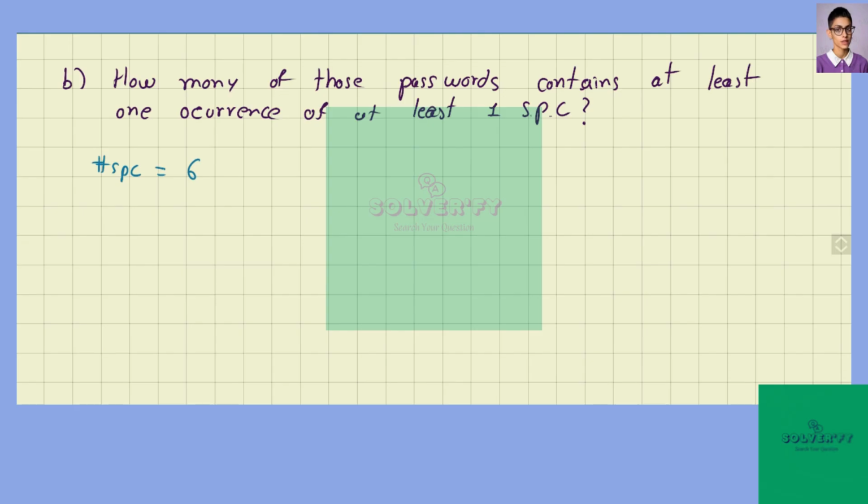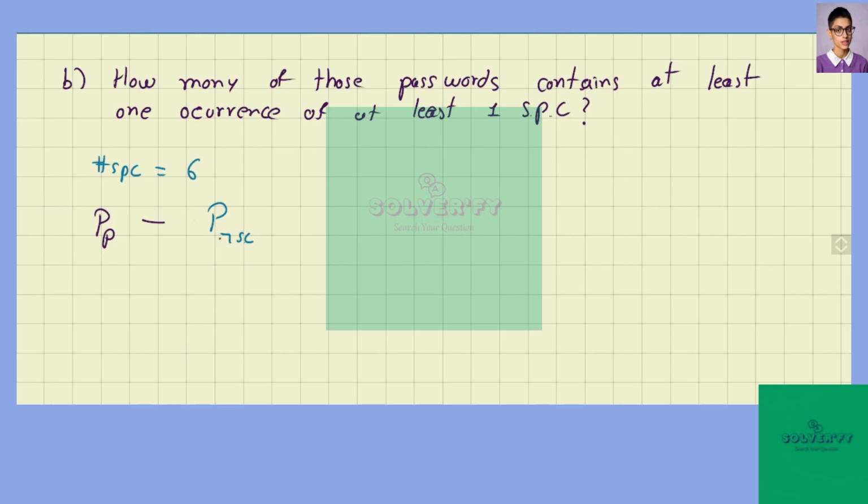This is equal to taking all the possible passwords, minus all the passwords that do not contain the special characters. Let me put it differently: all the passwords that do not contain the special characters, SC.